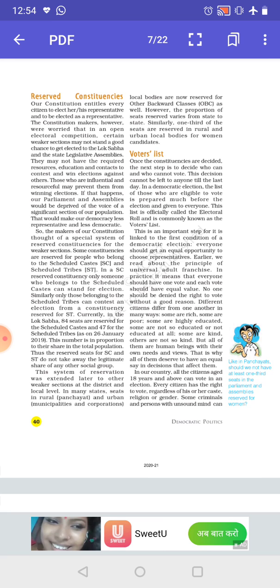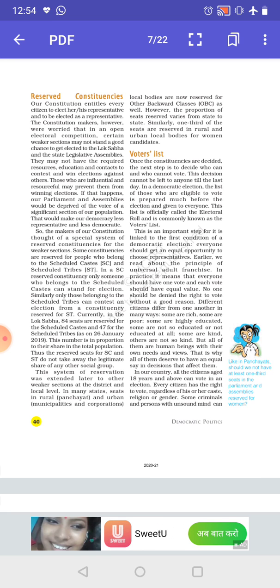Now the constitution makers, while making the constitution, were worried that although they are offering an open electoral competition, there are certain weaker sections of the society who may not have a good chance to get elected to the Lok Sabha or the state legislative assemblies, because they are the ignored section, the poor and weaker sections of the society.